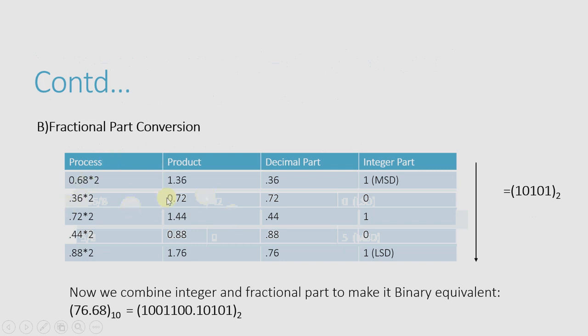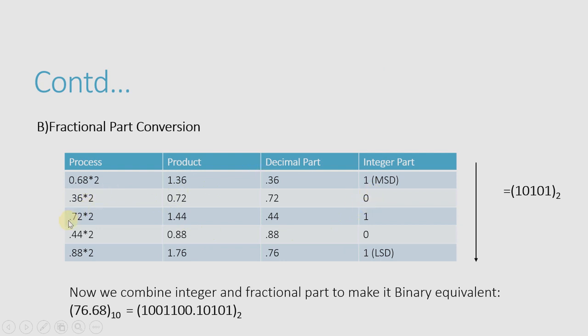Now next, we again take the decimal or fraction part for the multiplication. We take 0.36 and again multiply by the new base, that is 2, and we get the product 0.72. So here the fraction part becomes 0.72 and the integer part is 0, so we just write 0.